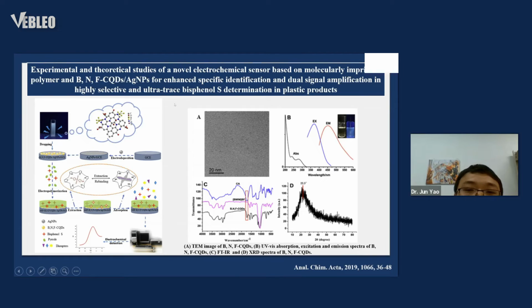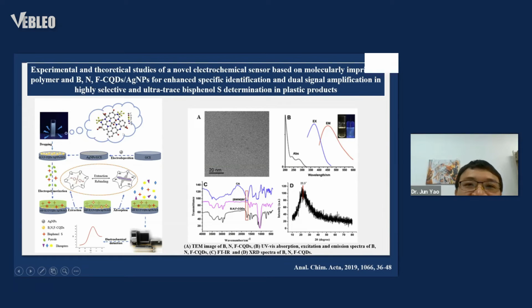In order to promote the selectivity of the sensors further, we introduce MIP technique.